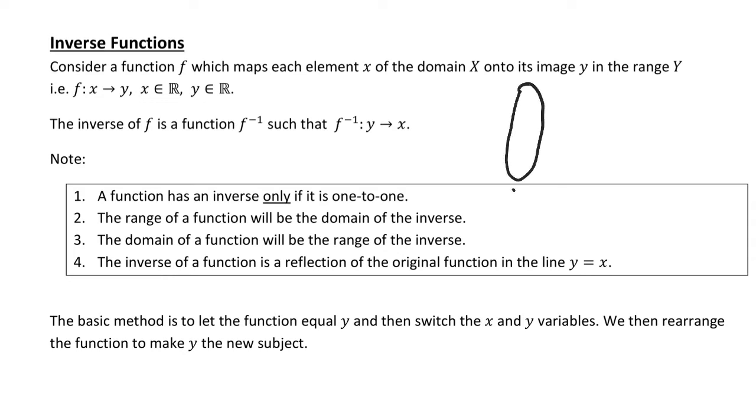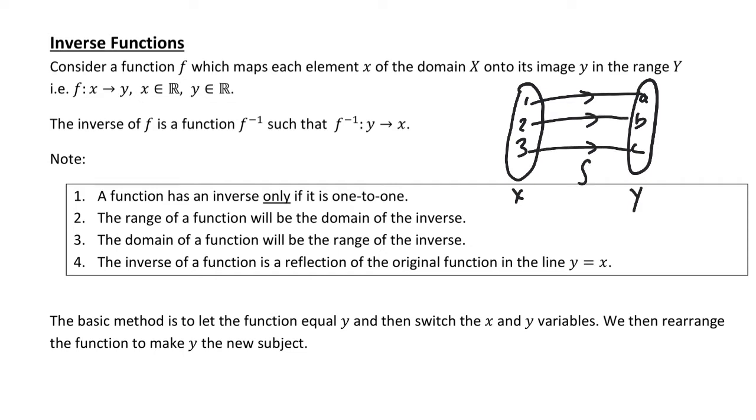So we've got our domain X and our codomain Y, and each element, whether it's 1, 2, 3, is mapped onto each element a, b, c via some function f.